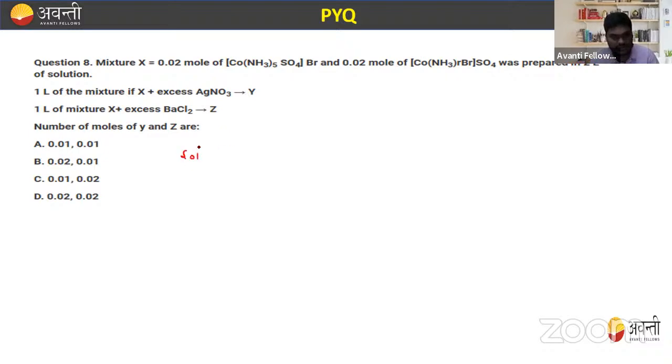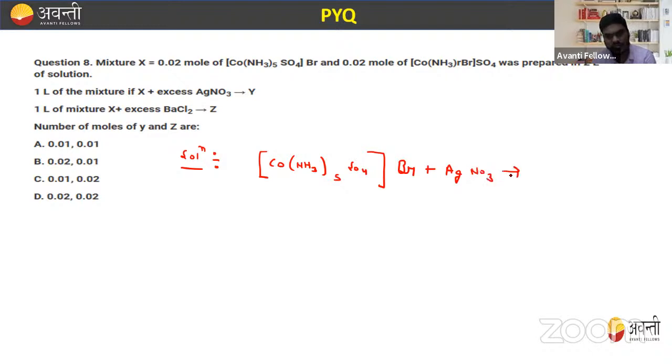We know that when [Co(NH3)5SO4]Br reacts with AgNO3 in excess, what will form? It will form only AgBr, because Br is the only ionizable ion.